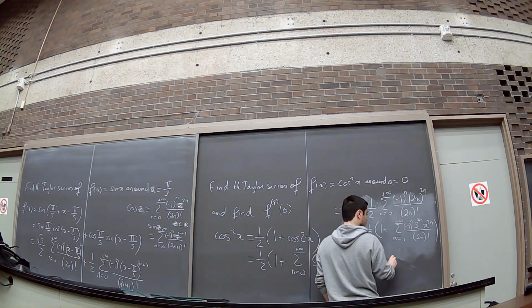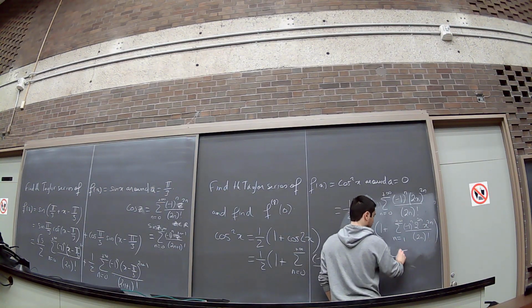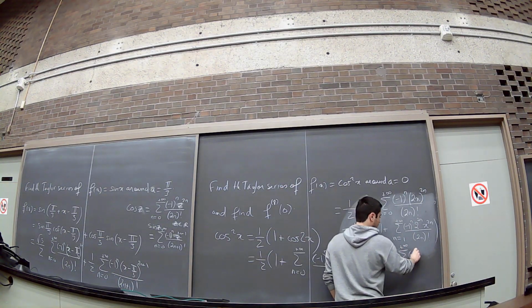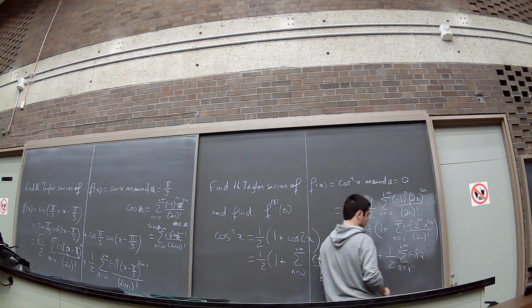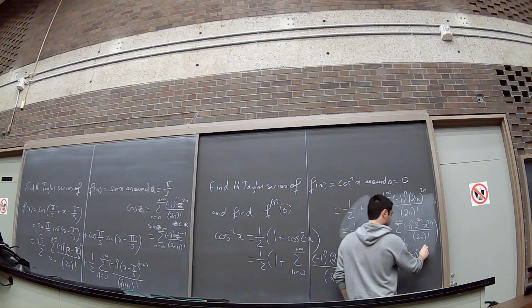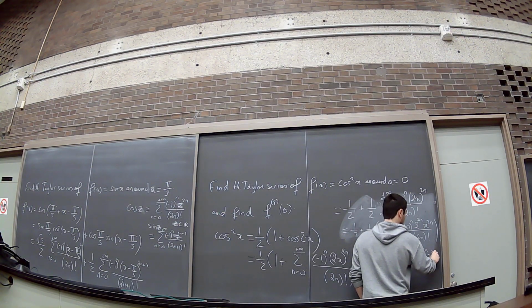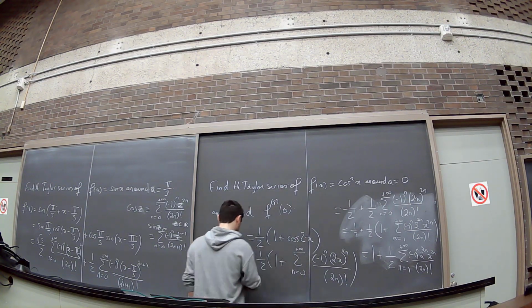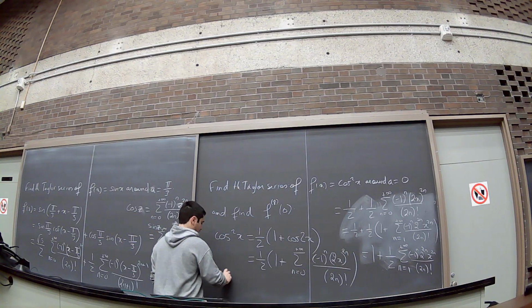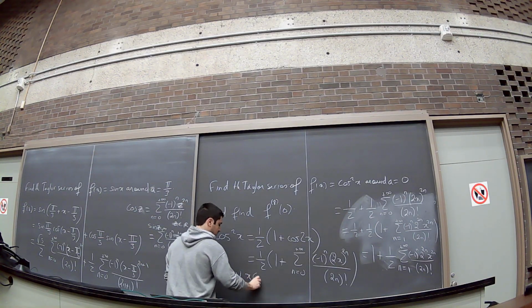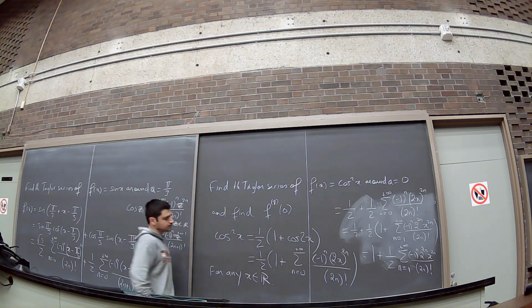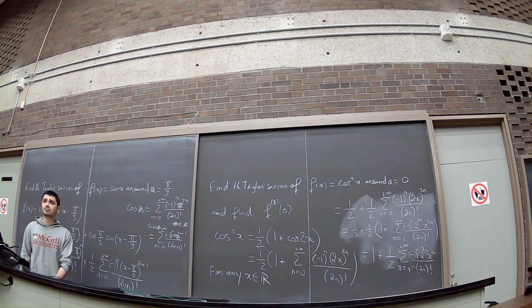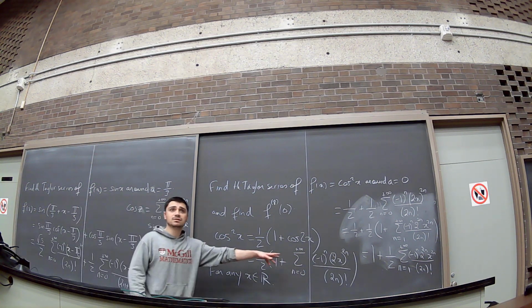Plus 1/2 sum n equal 1 to plus infinity, minus 1 to the n, 2 to the 2n, x to the 2n over 2n factorial. Of course, this is for any x in R, right? Is it clear now? Any questions?